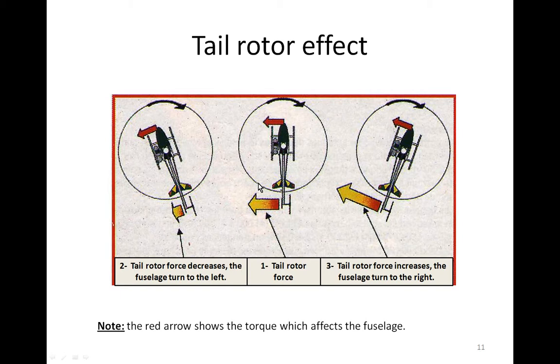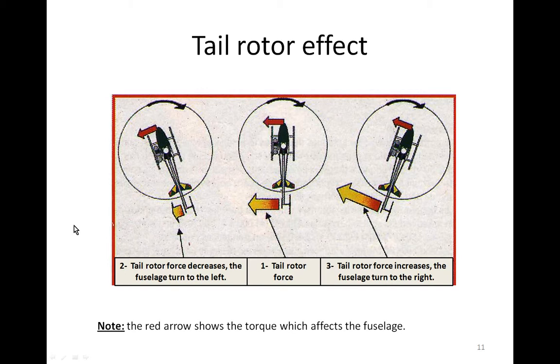The red one symbolizes the torque, and the yellow one the tail rotor force. On the figure in the middle, the heli goes straight forward. The tail rotor simply counteracts the torque.